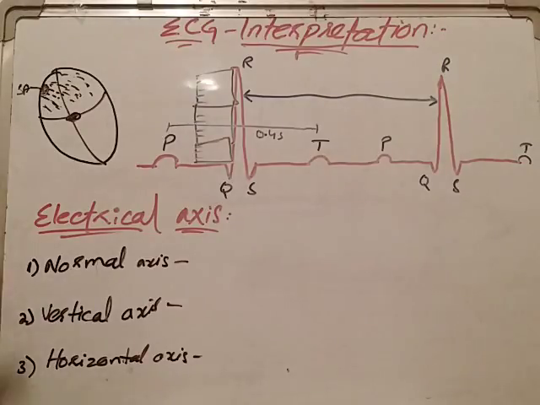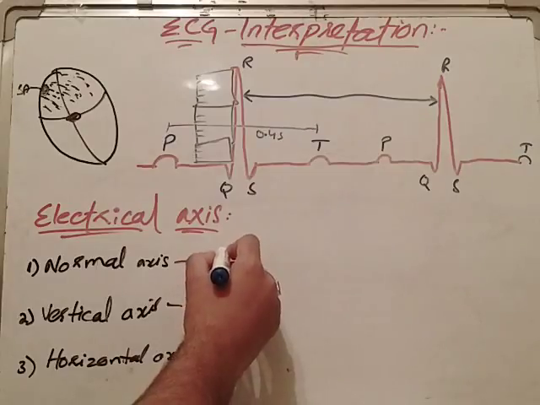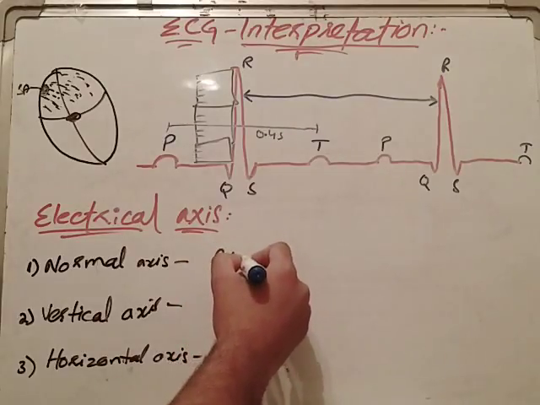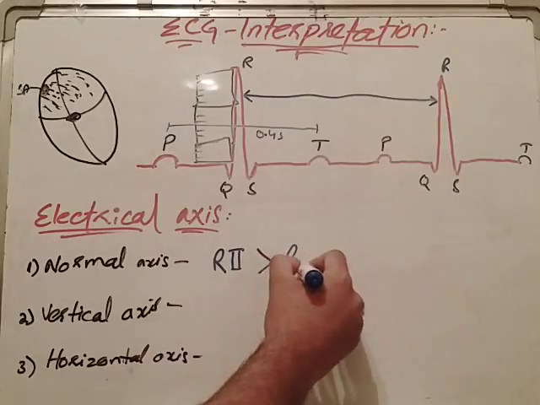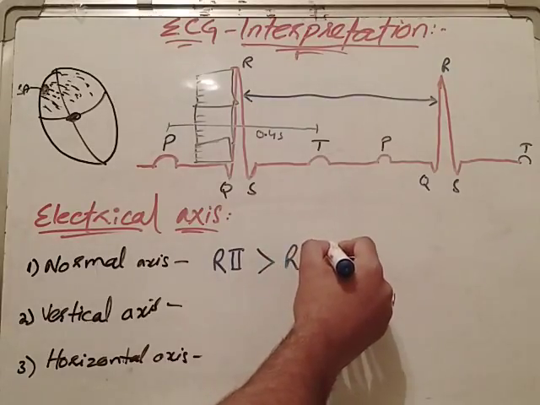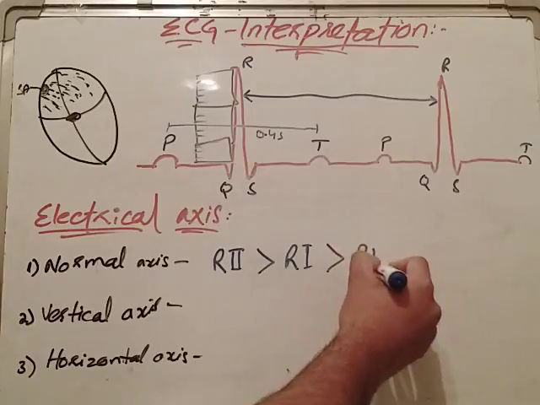In the normal axis, R2 would be greater than R1, and R1 is greater than R3.